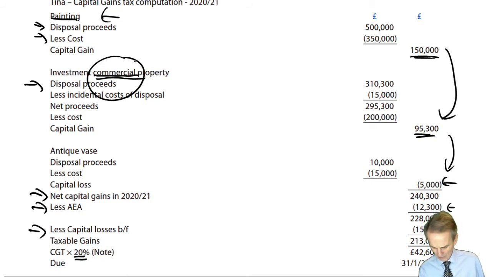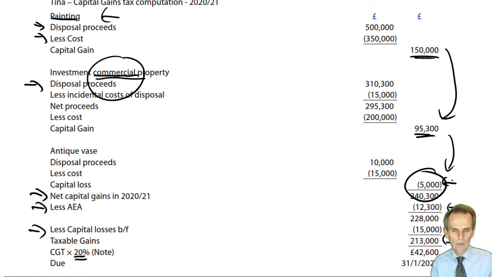So on that basis, when it comes to deducting that loss, where would we have deducted it? We'd have had separate columns here for the two gains made. Our residential property separated out from any other assets. That was just the painting, the only other one that we made a gain on. And now we've got the loss on the antique vase. Well, where would you want to make that deduction?